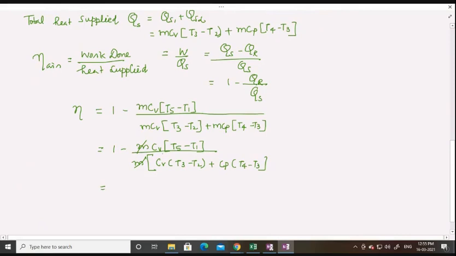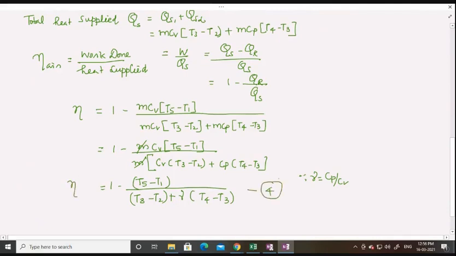And just dividing by the term Cv, Cv also gets cancelled. So the rest will be (T5 minus T1) divided by (T3 minus T2) plus Cp by Cv times (T4 minus T3). Already we know that gamma is nothing but Cp by Cv, so you can use gamma into (T4 minus T3). This is equation number 4, the air standard efficiency for a dual cycle in terms of temperature.